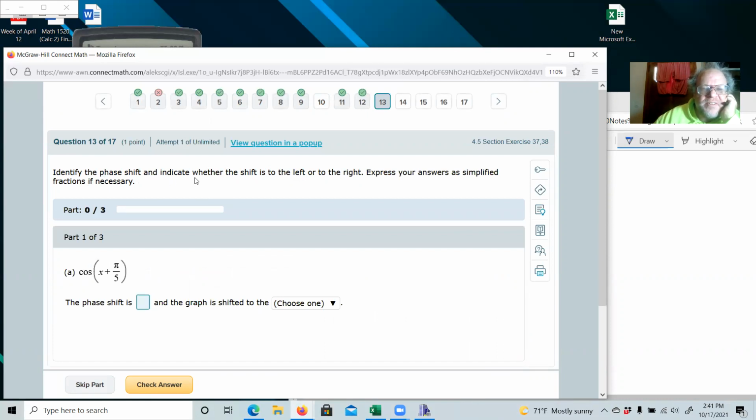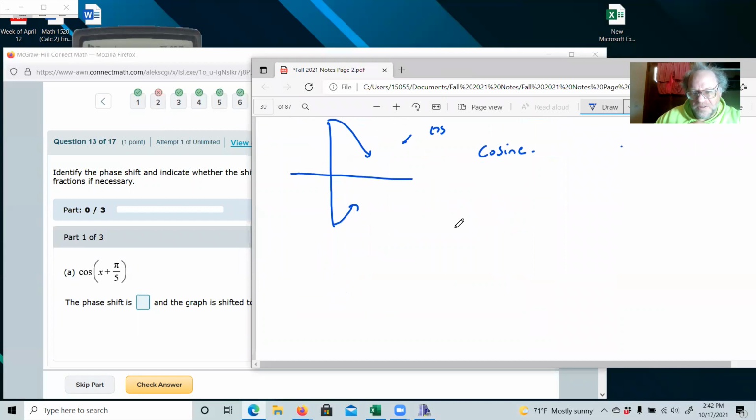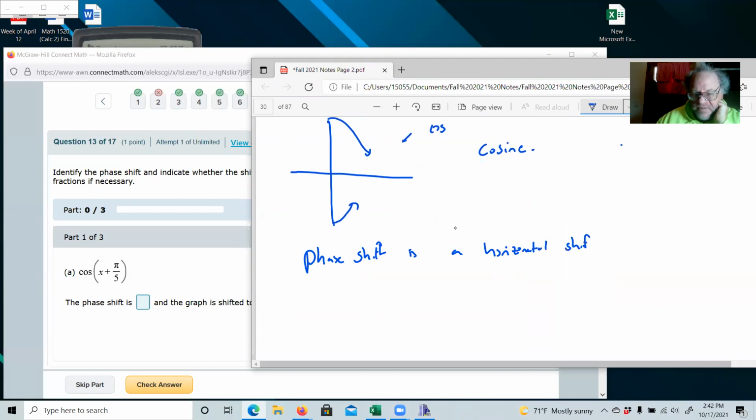Indicate the phase shift and whether or not the phase shift is to the left or the right. Let's talk a little bit about phase shift before we start. A phase shift is a horizontal shift. Do you remember, if we had x minus 3 squared, what did this look like?